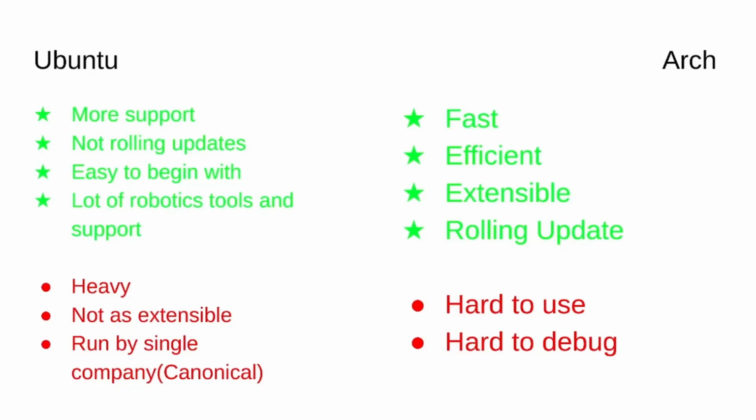Pacman also draws in from the AUR, which gives you access to millions of packages, all to make your Arch life easier. Rolling updates are a slight bit of a concern, but also an advantage. It depends on the way you look at it. And while it is hard to use and hard to debug, it can be the right operating system for you. It really depends on your application.